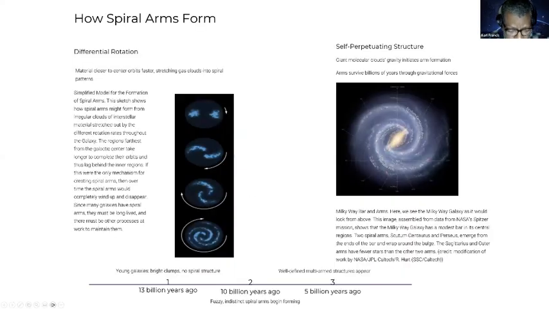What happens is in the center, the rotation is faster, right? That makes sense. Materials closer to the center orbit faster, stretching the gas clouds out into these spiral shapes. And as time goes on, first you get like the top one.